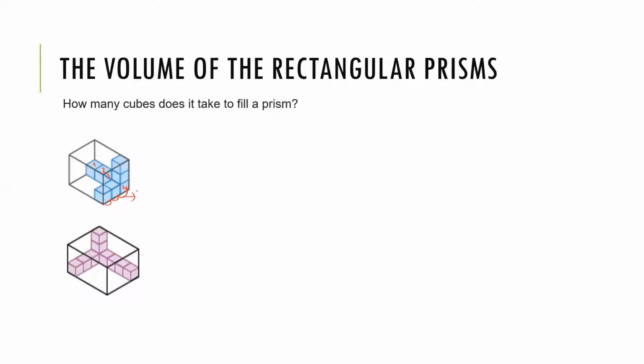On the base we have 4 here, 4 here again, 4 here. We have 12 unit cubes. The height is 3, so we have 3 times 12. So we have 36 unit cubes.